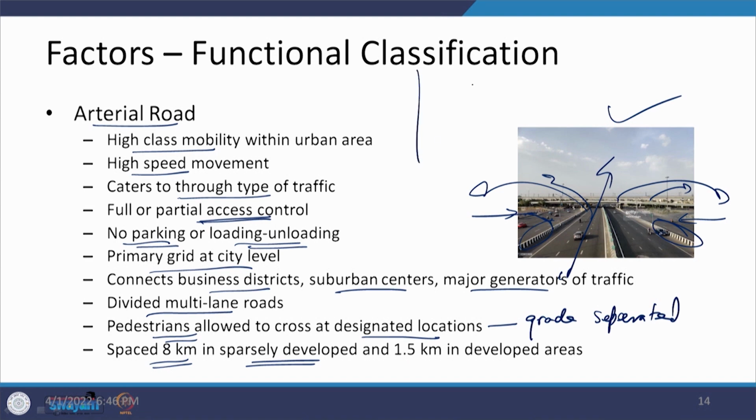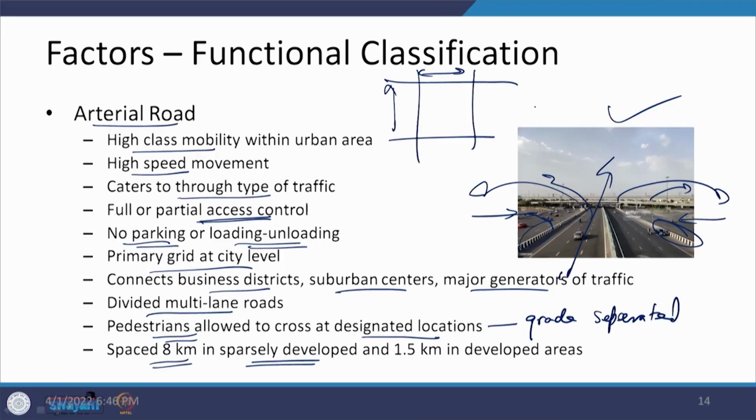That means we are talking about a grid like this, and if these are the arterial roads, the spacing is the spacing of these roads, and within these the rest of the roads are going to be there.